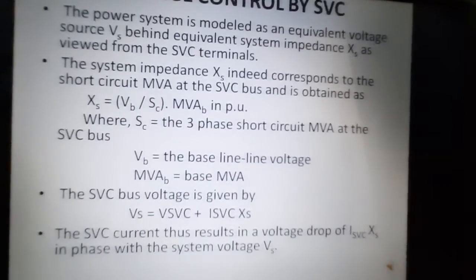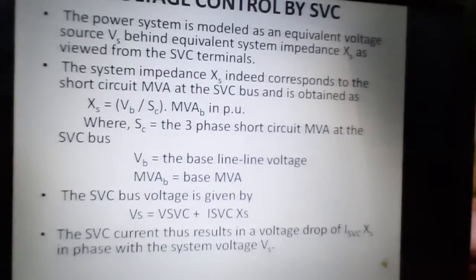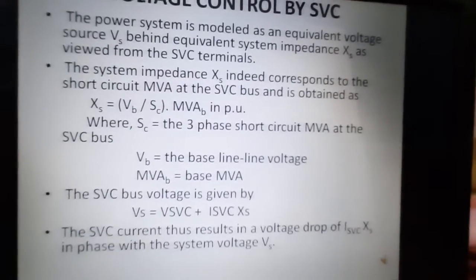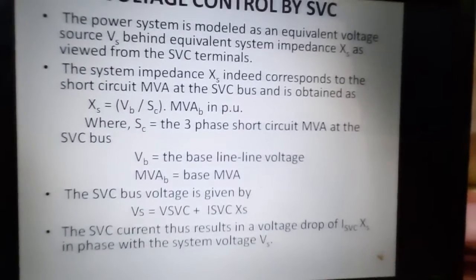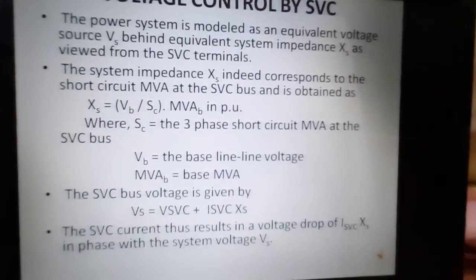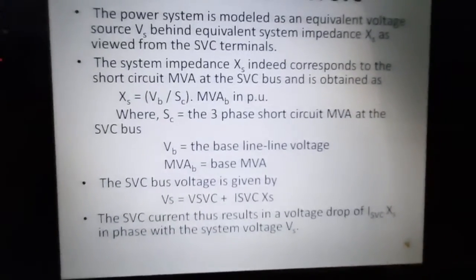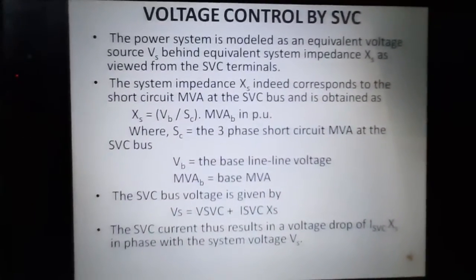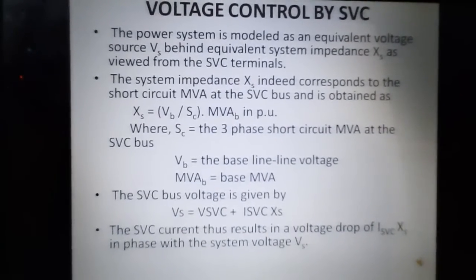Thus, the SVC bus voltage is given by Vs = V_SVC + I_SVC × Xs. The SVC current thus results in a voltage drop of I × Xs in phase with the system voltage Vs.